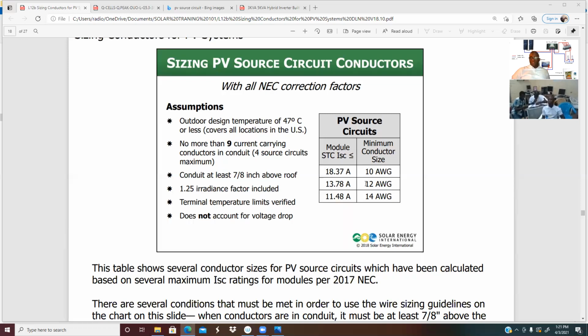So what happens if I have a technician giving an estimate and they estimated that the conductor size is 12 AWG? What would I say? Your conductor size is wrong. Got it? All right.